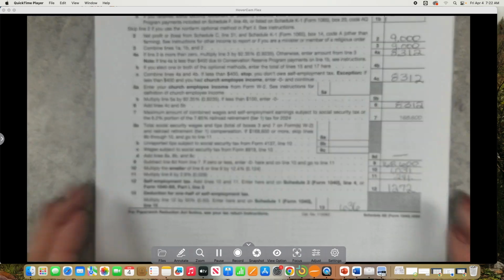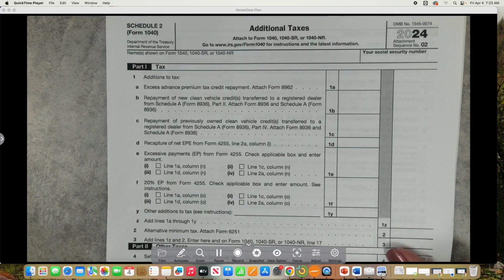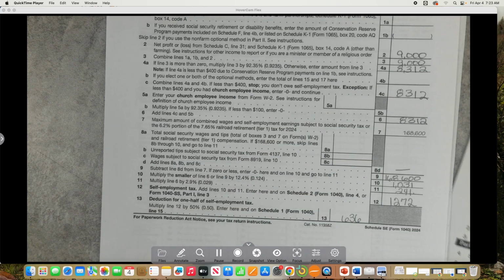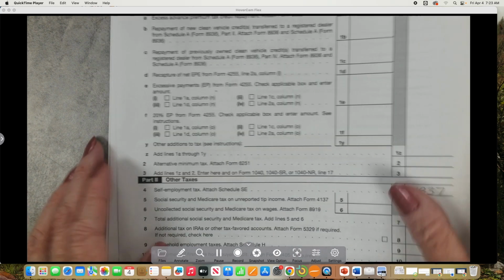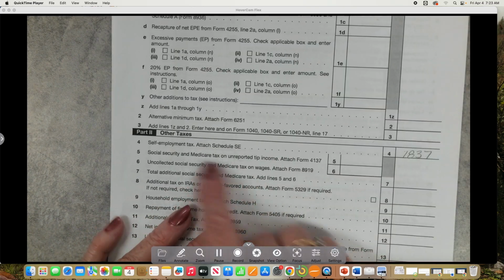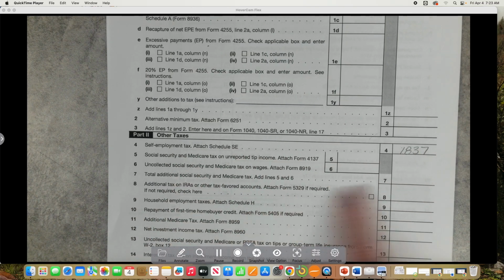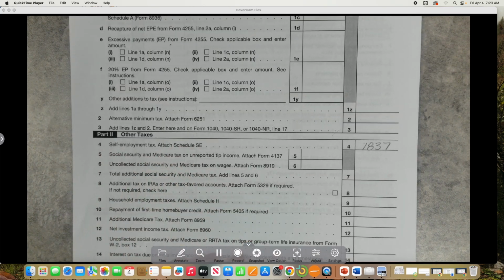One last thing I want to mention that I did not include, which is a Schedule 2, okay? For self-employment tax, you would want to fill out a Schedule 2. And if you look here on line 12, it says self-employment tax, and then it says reported on Schedule 2. On the Schedule 2, again, I did not include this because basically he does not have any of these other taxes. So 1837 is what we would record on line 4.